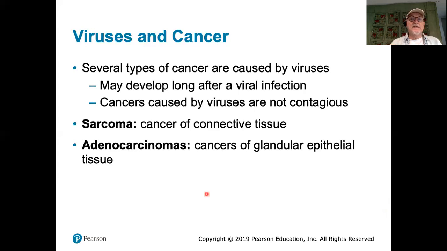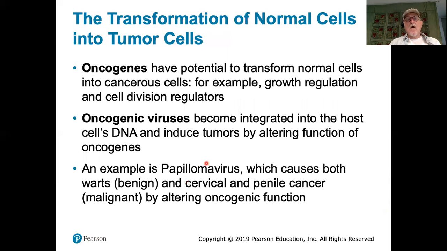It's easier to understand it like that. We know of several of these: sarcomas, which are diseases of connective tissue, adenocarcinomas, which are cancers of glandular epithelial tissue, and several others that result from this. We refer to this process as transformation, and this is transformation of normal cells to form tumor cells.